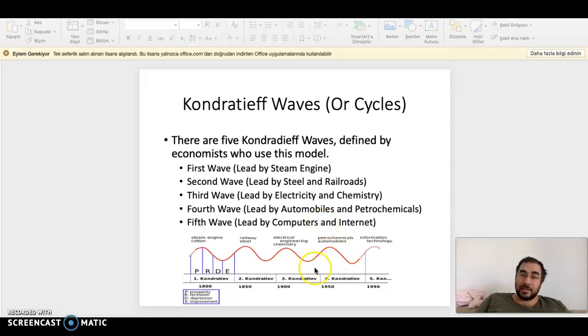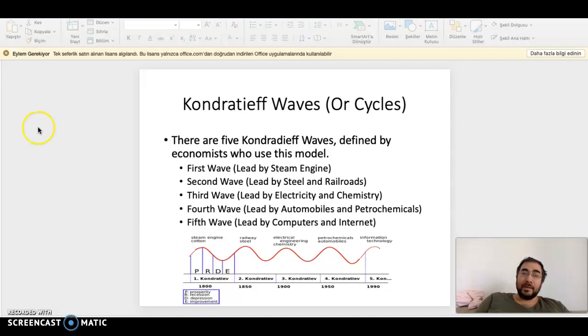Kondratiev himself died in the 1930s. But the first wave is usually described by the invention of the steam engine and the application of the steam engine to different types of sectors, starting from the mining sector to transportation, all the way to the textile sector.